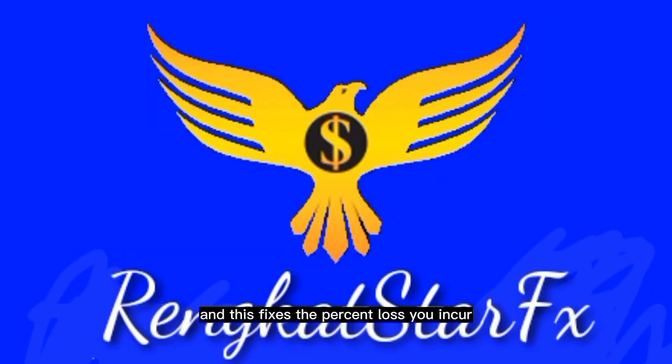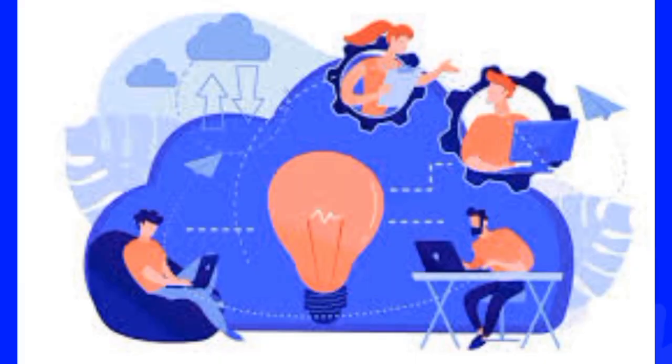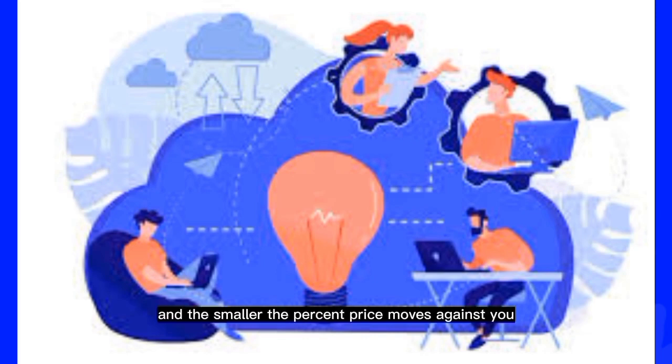And this fixes the percent loss you incur for each 2 to 3% price move against you per lot traded. So the greater the leverage or the lower the margin, the greater the percent loss for each 2 to 3% price move against you. And the lower the leverage or the higher the margin, the smaller the percent price moves against you without exceeding that 2 to 3%.